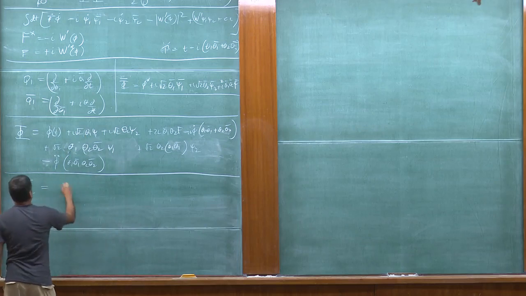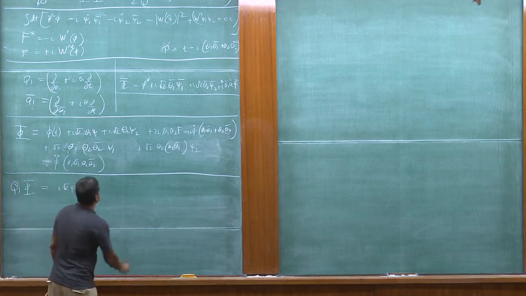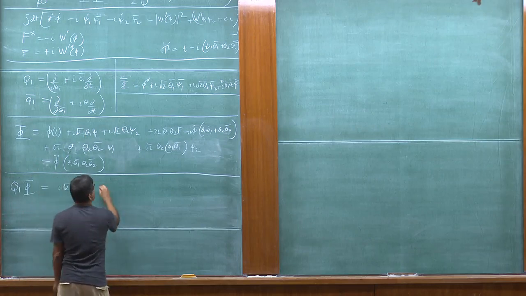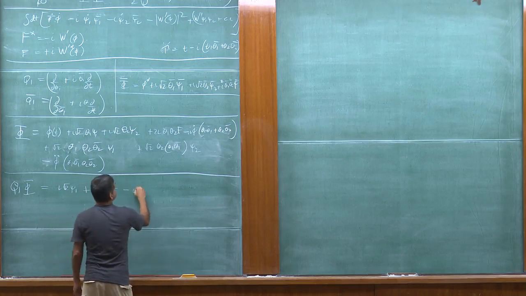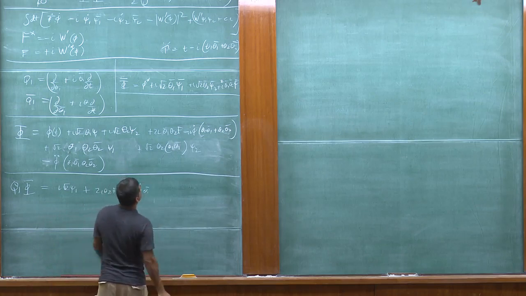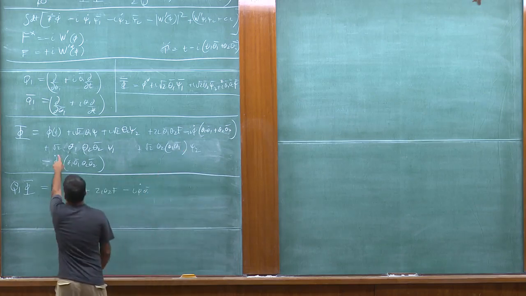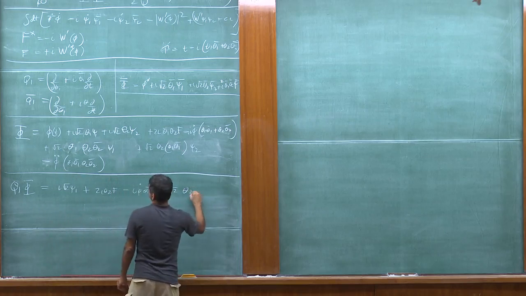So here we get an i square root 2 psi 1. Here we get 2i theta 2 f. Here we get minus i phi dot theta 1 bar plus square root 2 theta 2 bar psi 1.